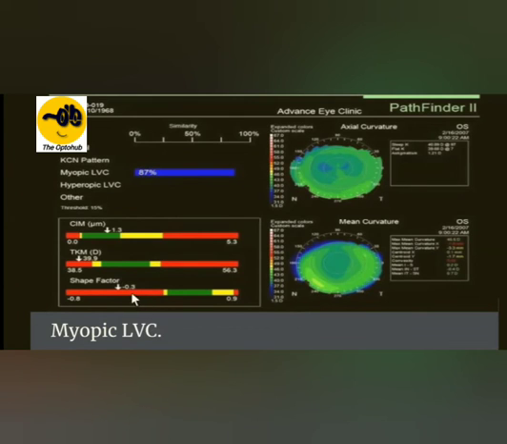It just definitely means that the cornea is an oblate shaped cornea, because TKM, if you see, is 39 diopters. 39 diopters is abnormally flat actually, but we make it such flat when a patient is undergoing myopic laser vision correction, and hence the Pathfinder 2 software is also showing myopic LVC.